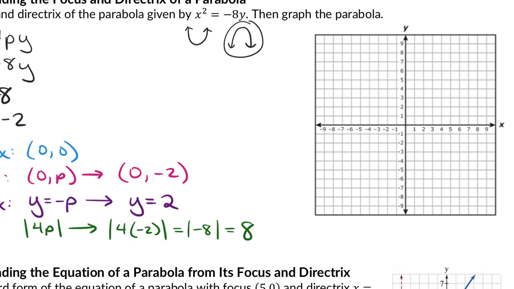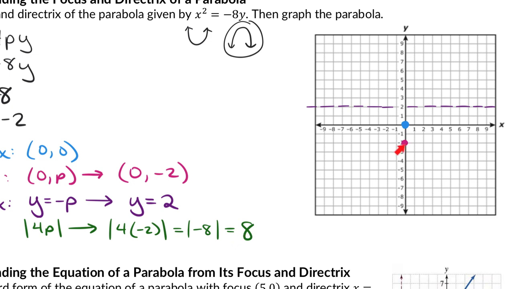So if we plot these things, we're going to have our vertex, kind of like the center, at 0, 0. We'll have a focus at 0, -2, and a directrix that is at 2. Our focus should end up inside the parabola, and our directrix should end up outside the parabola. The last thing we need is the correct distance for the latus rectum, which is 8.